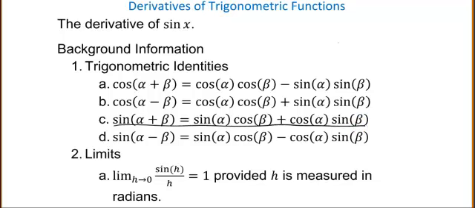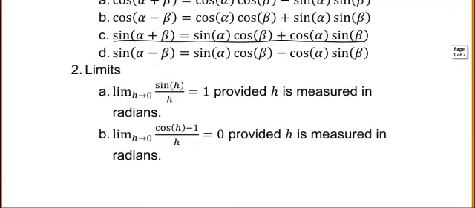In addition, we'll need some limits that were developed in section 1.6. First, the limit as h approaches 0 of sine of h over h is equal to 1, provided h is measured in radians. I think we stated this in terms of x before rather than h, but we'll use h today.